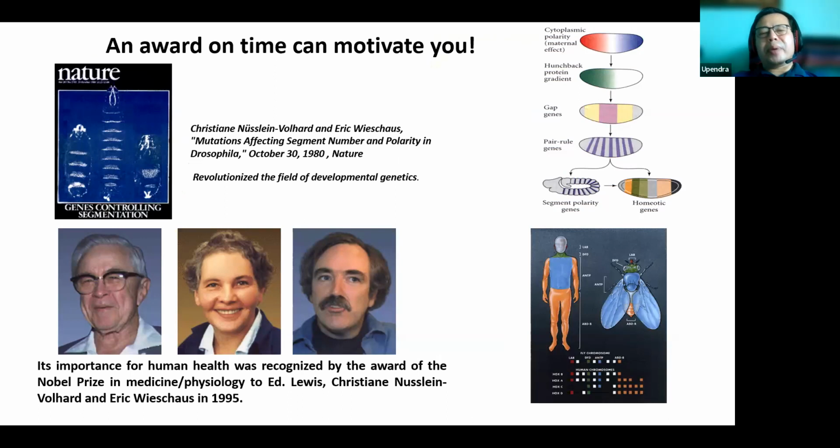And these genes have been identified for a long time. These three people identified almost 60,000 mutations, and they identified that these genes are conserved up to humans, and for that they were given the Nobel Prize in 1995. That was one of the reasons I got motivated to work with flies, because I completed my master's in 1994, and I started my career in Drosophila after these people got the Nobel Prize.